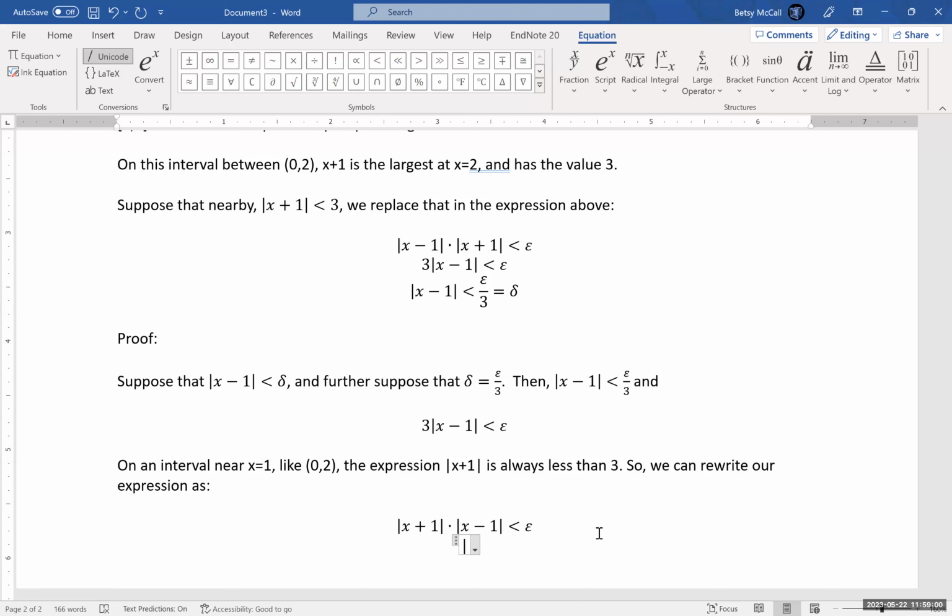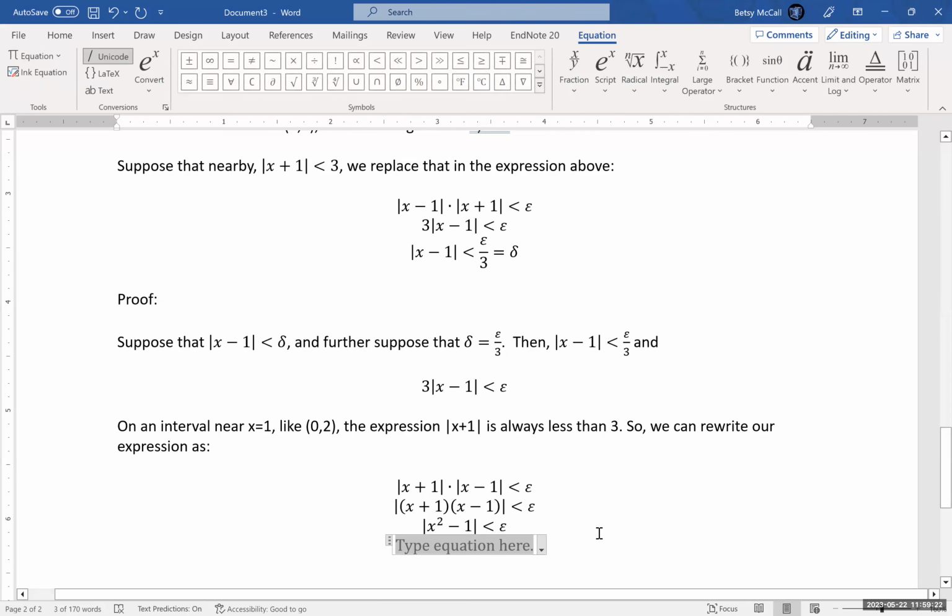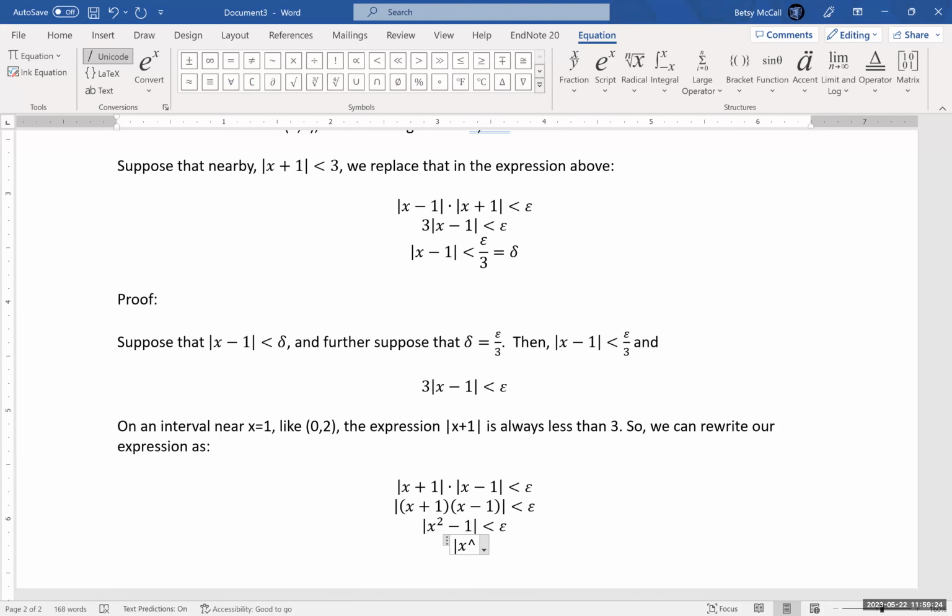Okay, so then we get inside our absolute values, again, just to be completely clear about what we're doing here. And then we square them out, FOIL. And then we rewrite it in our function form, absolute value of x squared plus 4 minus 5 is less than epsilon.